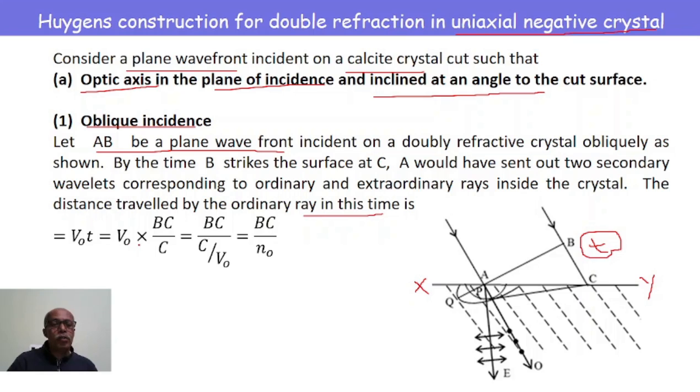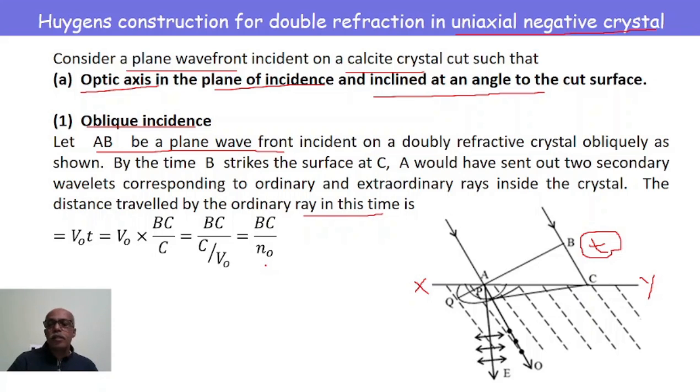And V0 into t is nothing but equal to BC by c, since time is distance traveled divided by the speed of light. Distance traveled is BC, divided by c, the speed of light, and therefore this can be written as BC divided by c by V0, or c by V0 is nothing but N0, the refractive index of the crystal for the ordinary ray.